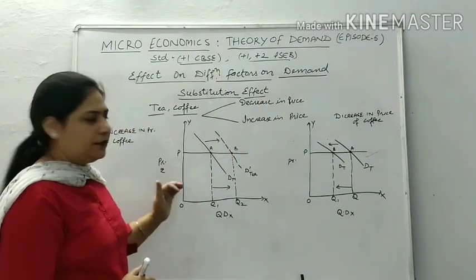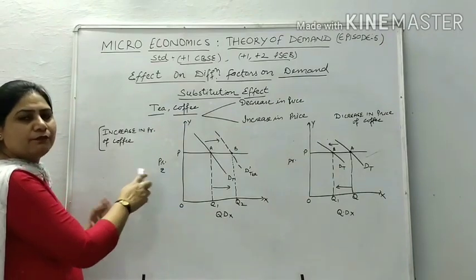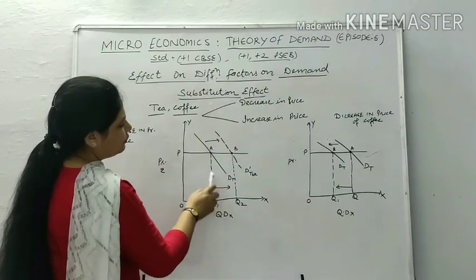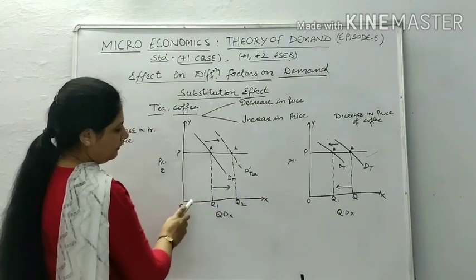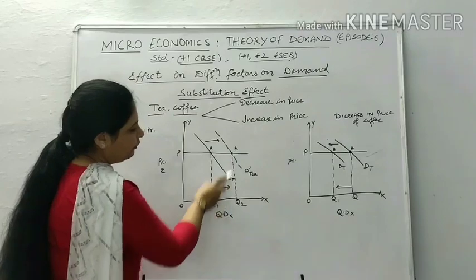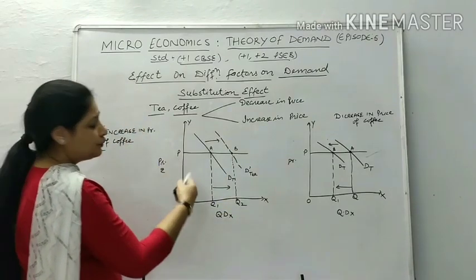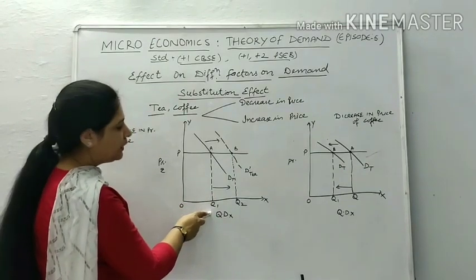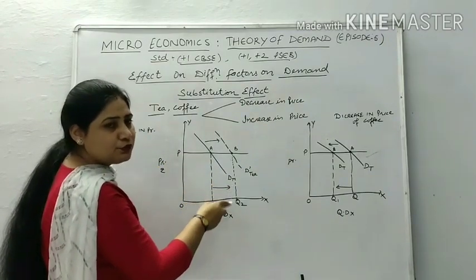Students, if there is an increase in the price of coffee, here in this figure I have shown you the demand curve of tea, and I am taking the quantity demanded of tea by a consumer at the same price. The consumer was purchasing OQ1 quantity at the same price and the DT demand curve shows it.